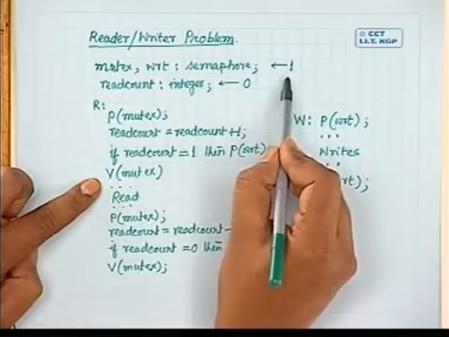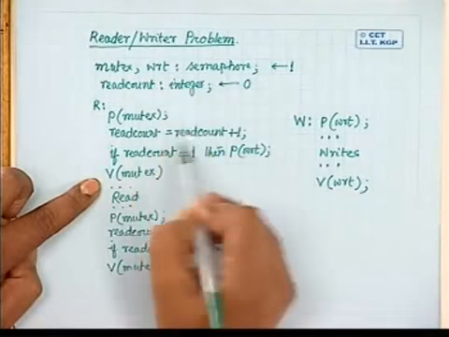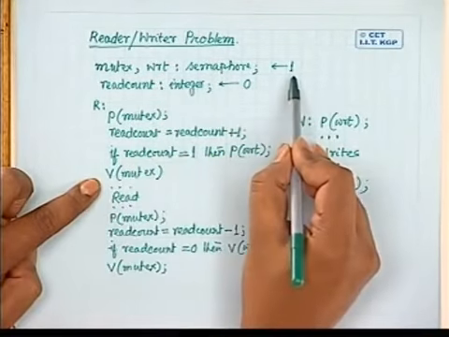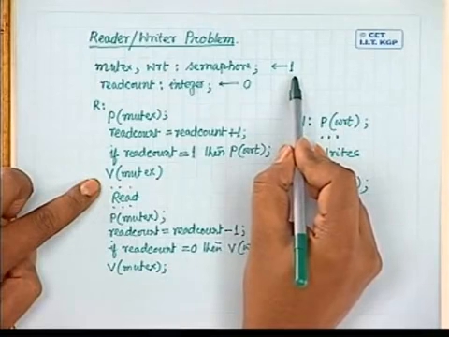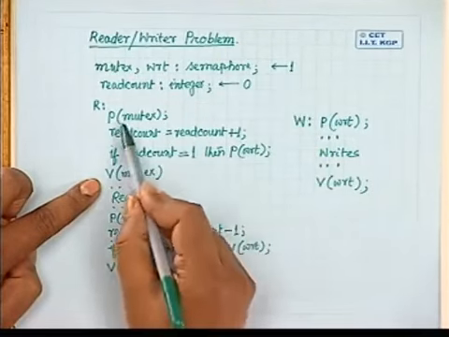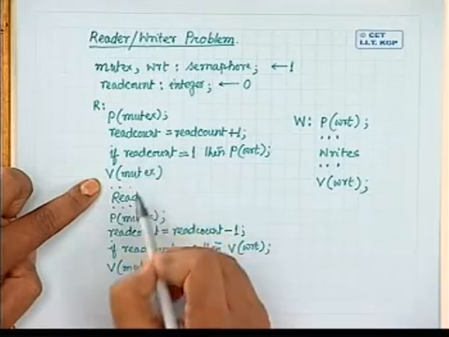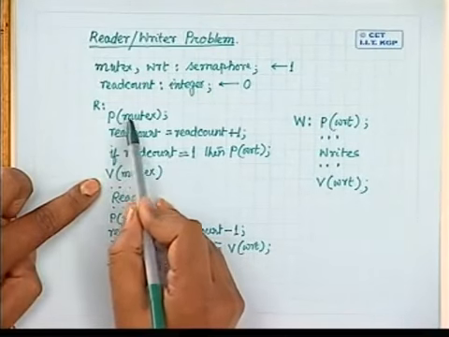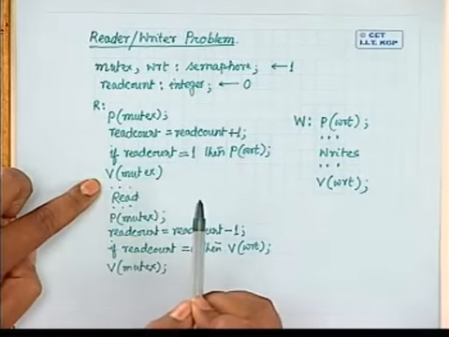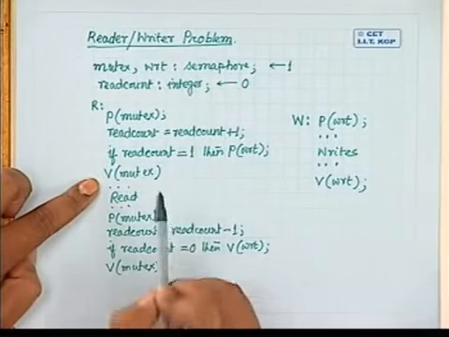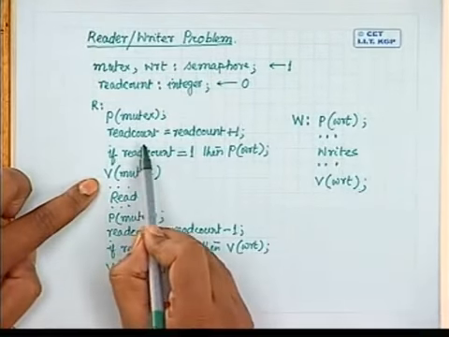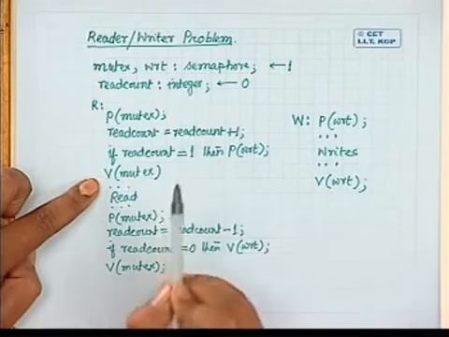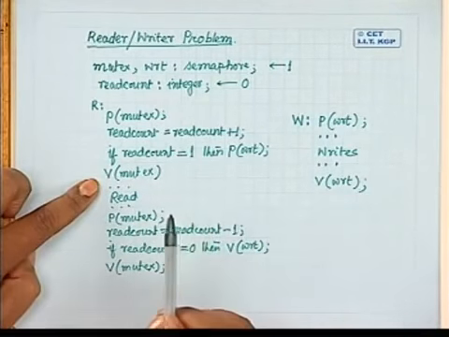simply because we have initialized semaphore variable mutex to value 1. Okay. So, this ensures mutual exclusion of these two statements within this p mutex pair. In essence, it ensures that this read count cannot be modified by more than one reader process at a time.